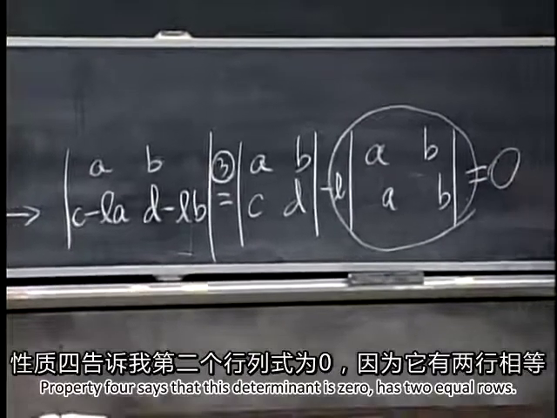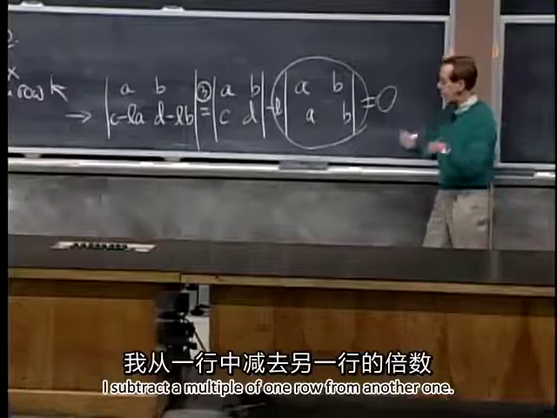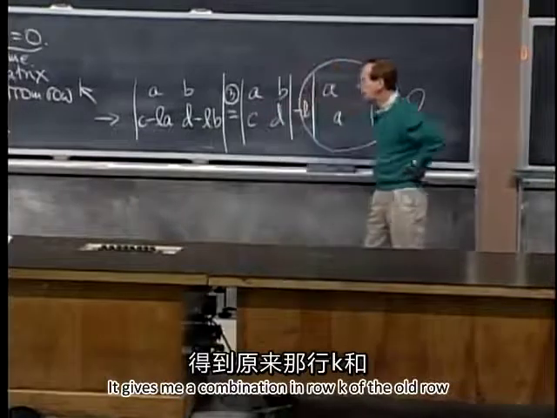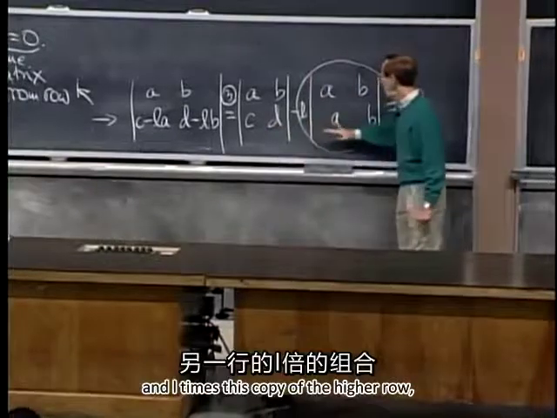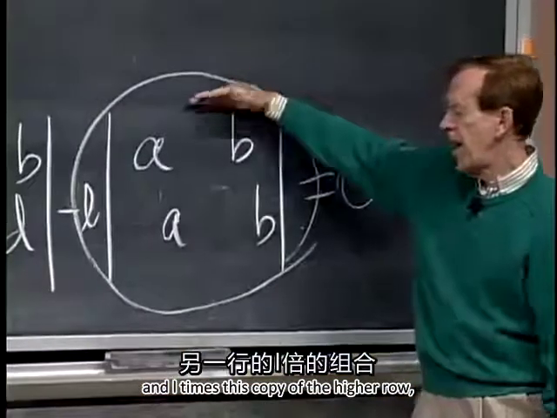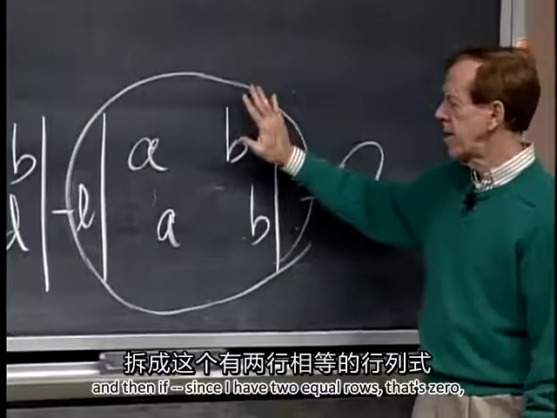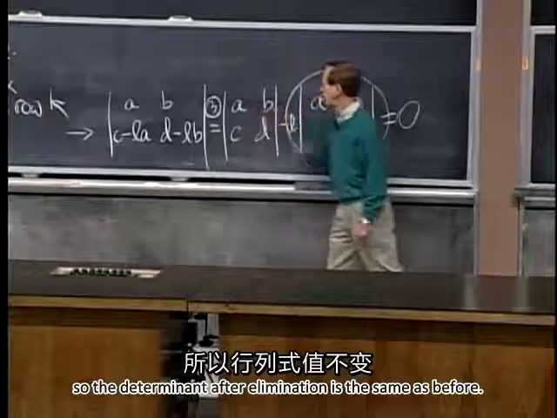Has 2 equal rows. Do you see how that would always work? I subtract off a multiple of one row from another one. It gives me a combination in row K of the old row and L times this copy of a higher row. And then, since I have 2 equal rows, that's 0. So the determinant after elimination is the same as before.